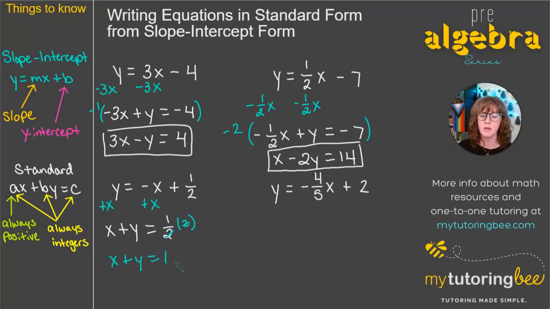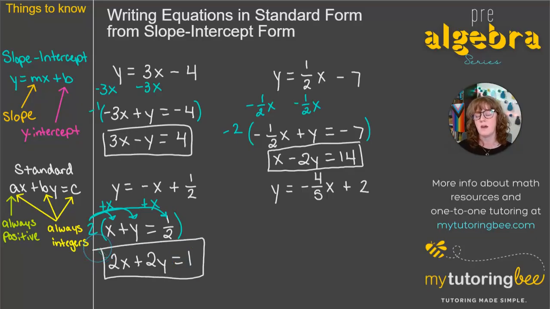However, when we're multiplying through, we have to multiply times everything, each term in the equation. So everything gets multiplied by 2. You could think of it as distributive property almost. And so once we apply that multiplication of 2, we get 2x plus 2y equals 1. So that is our standard form for that equation.